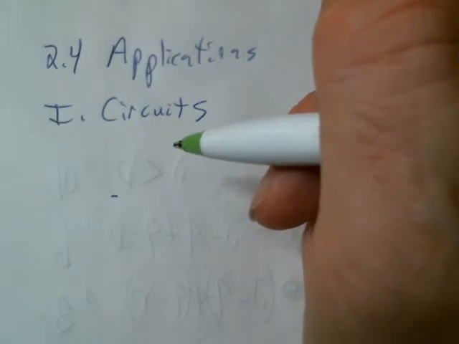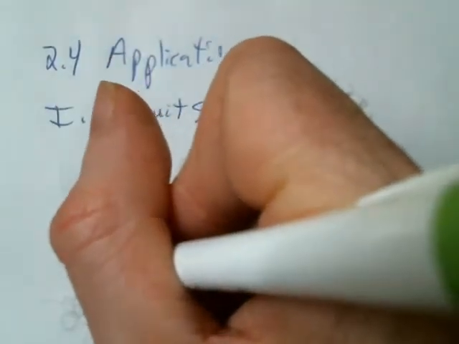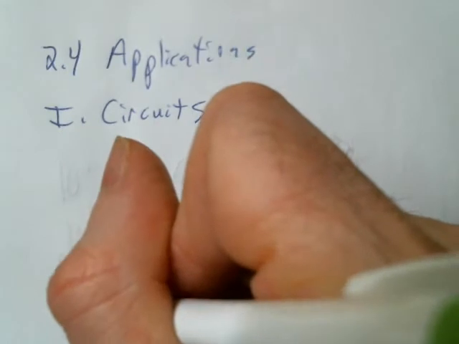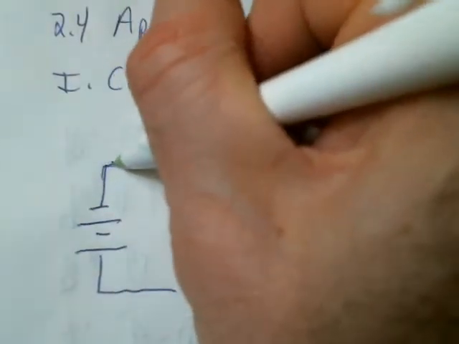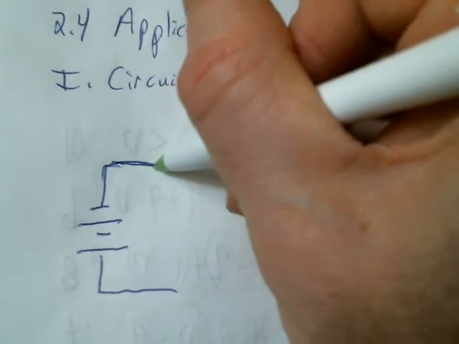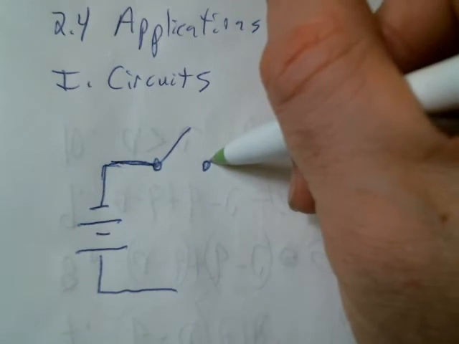Yeah, so we have switches in series in this case, and I'll show that. So we have some sort of battery here, and you can think of these lines as wires from the battery. And then over here we have some switches, and they're in the open position right now.